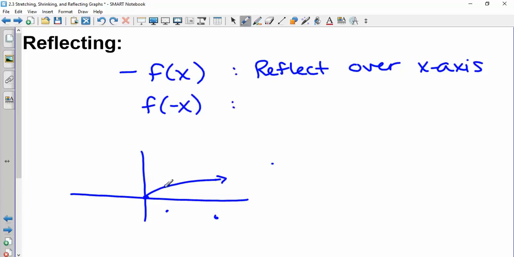If I make my x's negative, so if I take this point and say, okay, I want to make my x negative, so my x comes over here, what happens then? So that is our final transformation that we have to consider. Those negatives will make our graph flip. We just have to watch over which axis.